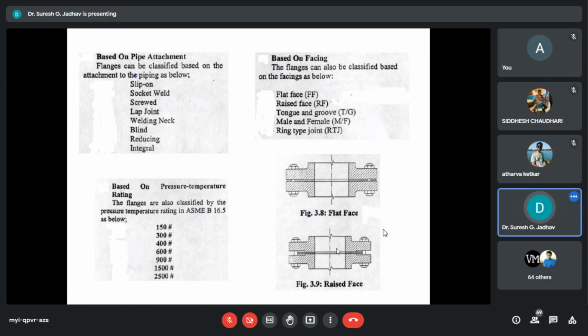Slip-on flanges are attached by welding inside as well as outside. Normally, these flanges are of forged construction and are provided with a hub. Sometimes these flanges are fabricated from plates and are not provided with a hub.